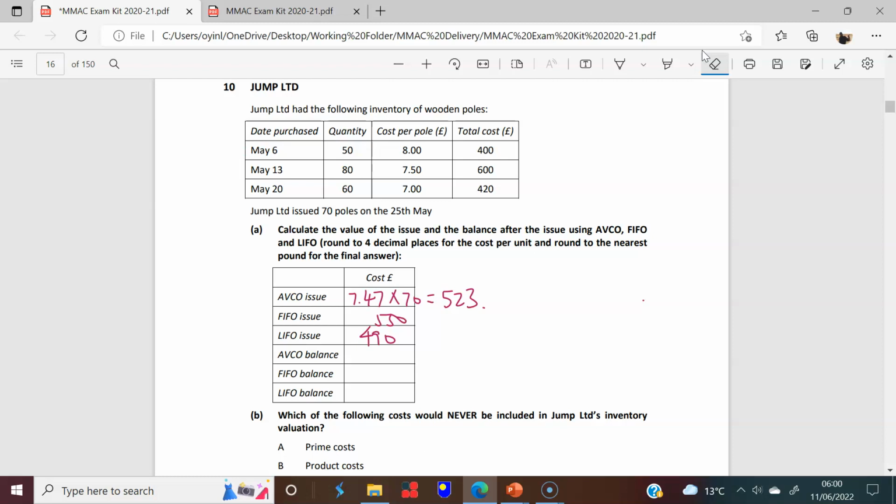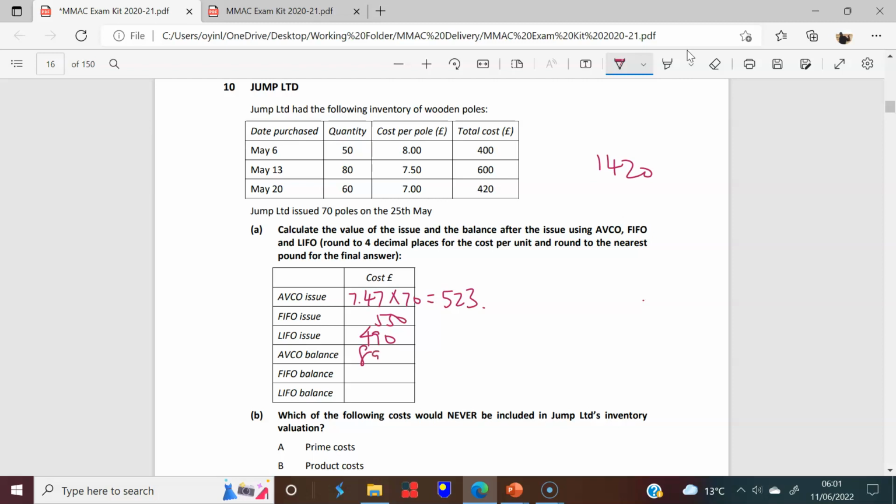It is the same for all of them. Just find the total, 400 plus 600 plus 420 is 1,420. So just deduct each of these, minus the 523, gives you 897.